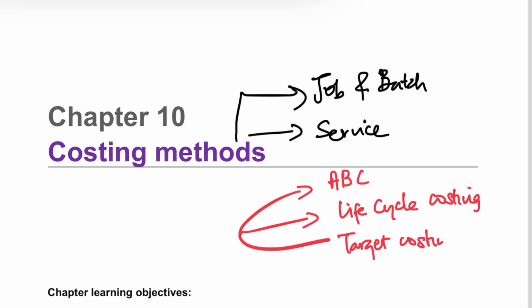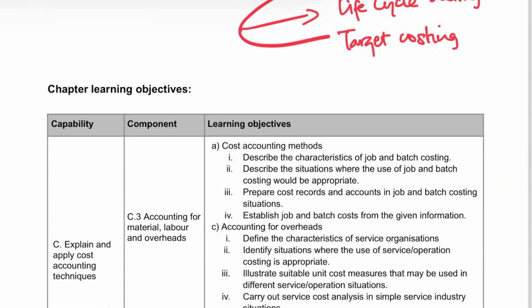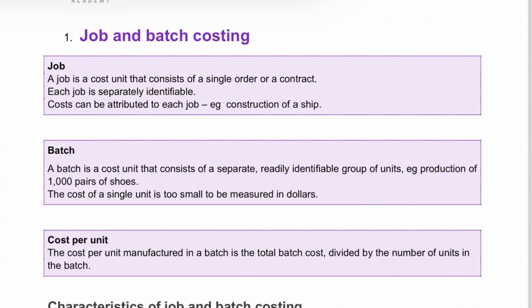Now, the three marked in red, we're not going to do any complex calculations or anything, but I want you to understand the concept well. Whereas job and batch costing as well as service costing, let's do an example also and see how this can be done. So in this video, let's focus on job and batch costing.